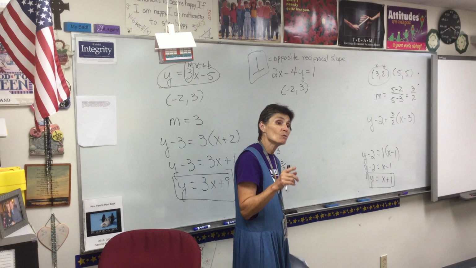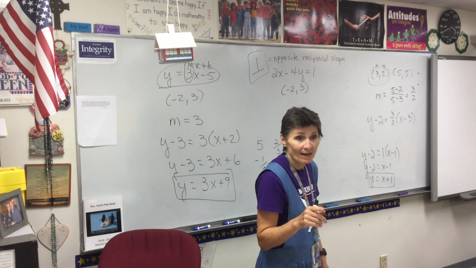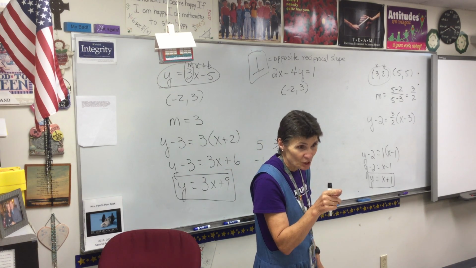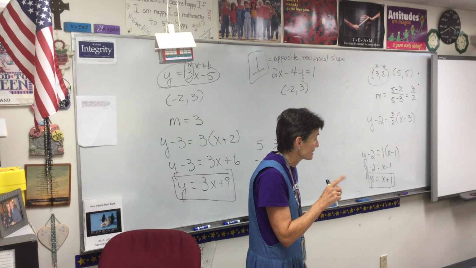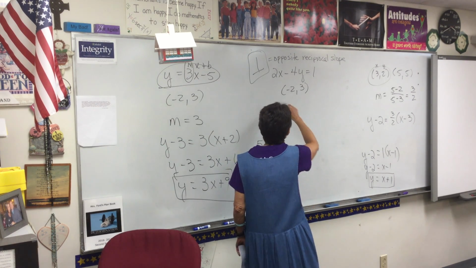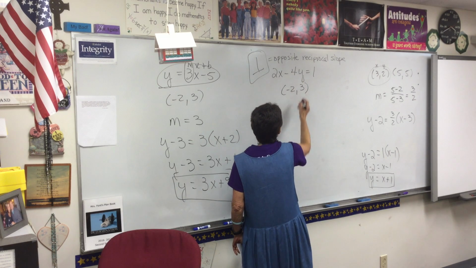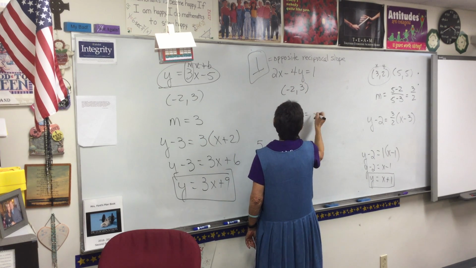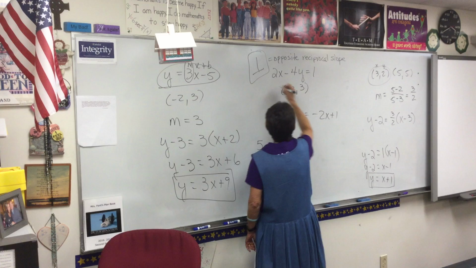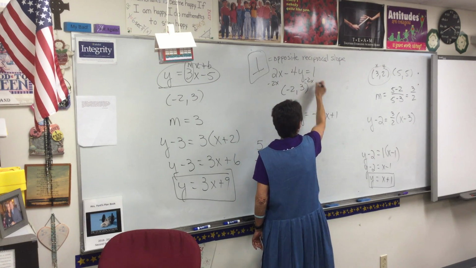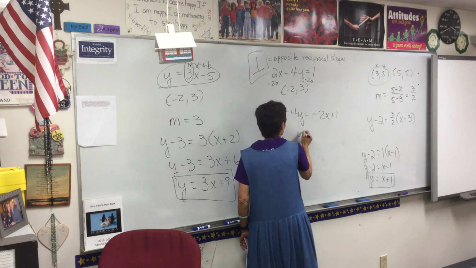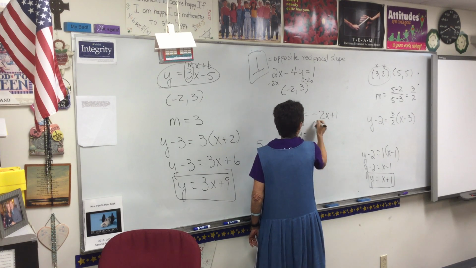What he's actually doing is getting y by itself. That's what you gotta do, right? So I'm gonna move the 2x over. Notice I'm subtracting it. And then like Pat said, we're gonna divide by negative 4.